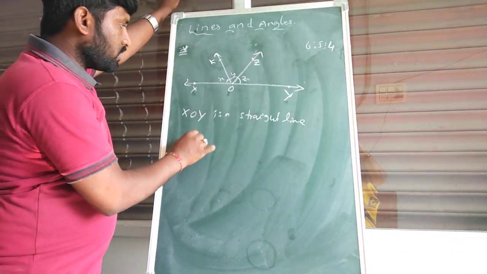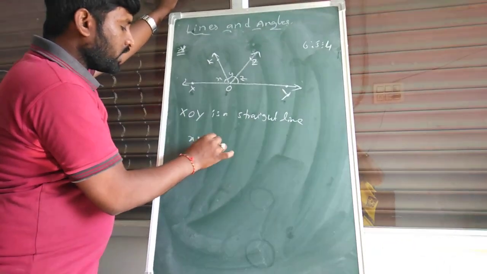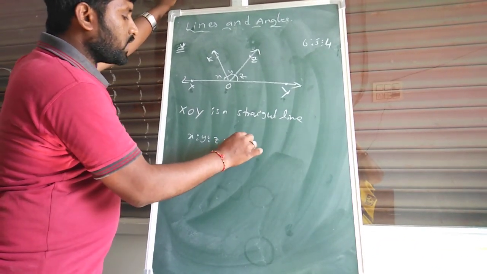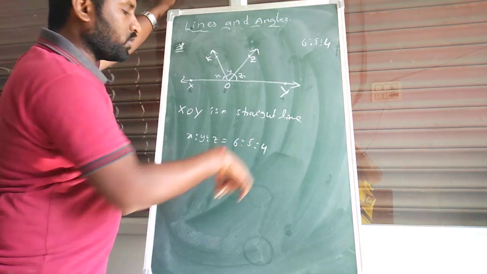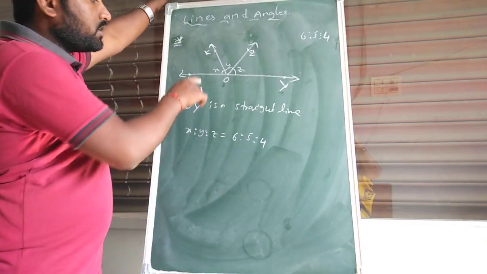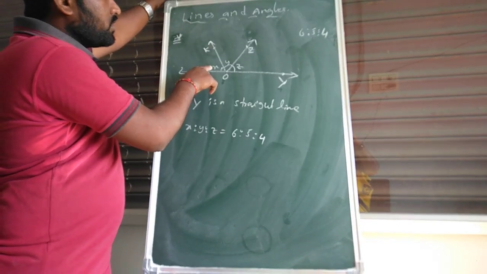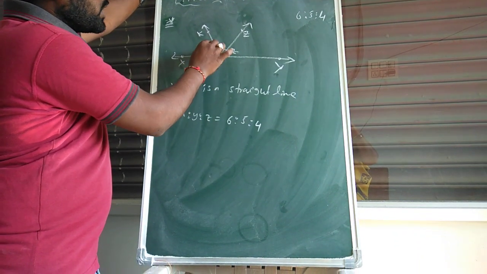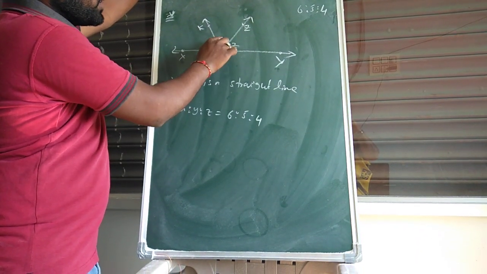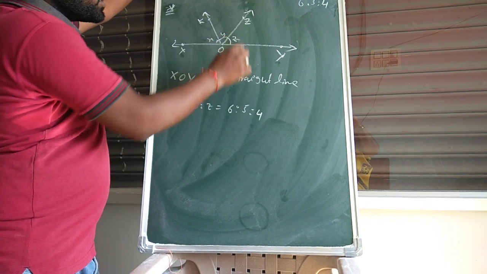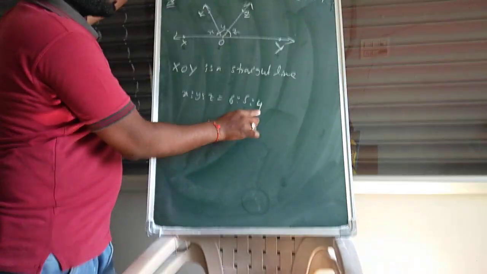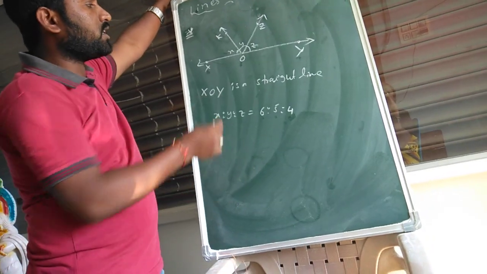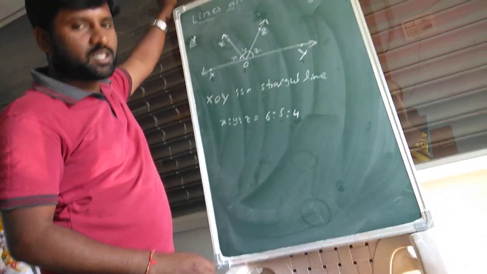Here x : y : z is 6 : 5 : 4. Three angles are formed here, x, y, z. The ratio of these three angles is 6 : 5 : 4. Then find x, y, z.